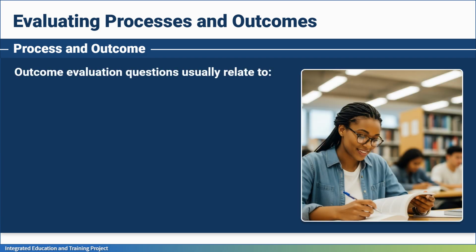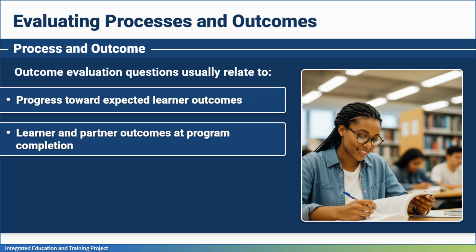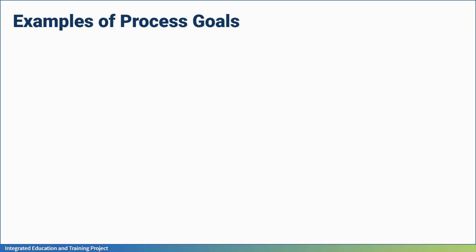Outcome evaluation questions usually relate to progress toward expected learner outcomes and learner and partner outcomes at program completion. As you develop your evaluation plan, it should relate to the goals you set for your program.